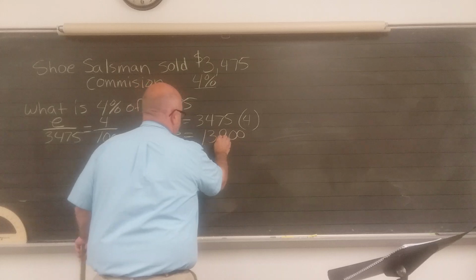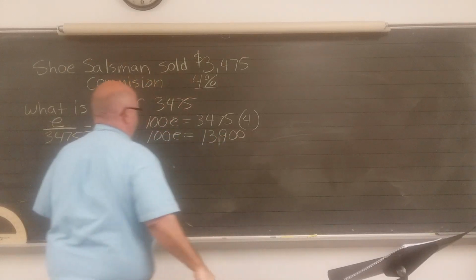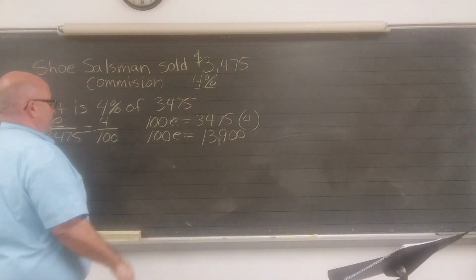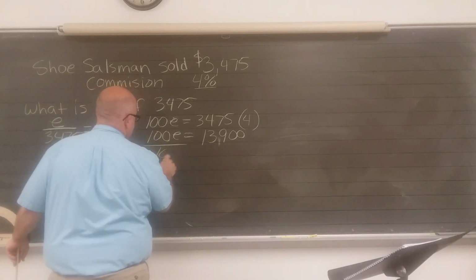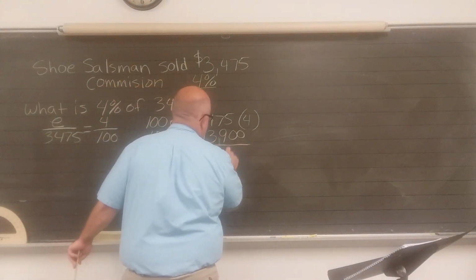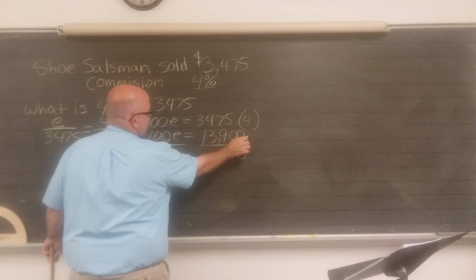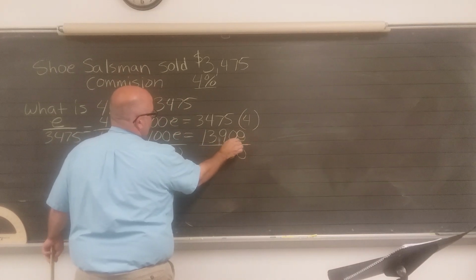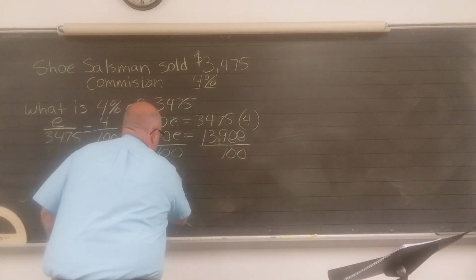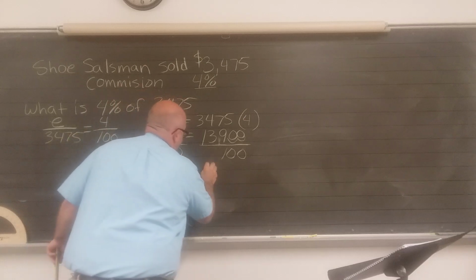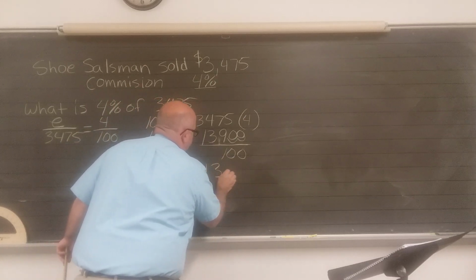We need that comma in there. Commas can be a pain. Divided by 100. Divided by 100. Simply move the decimal point in two places. Your earnings, E, equals $139.